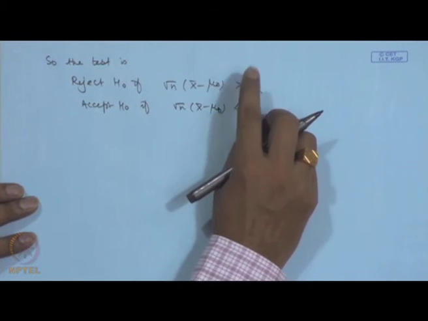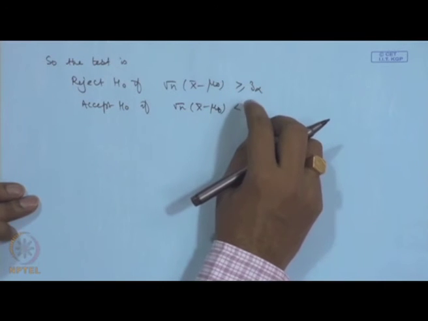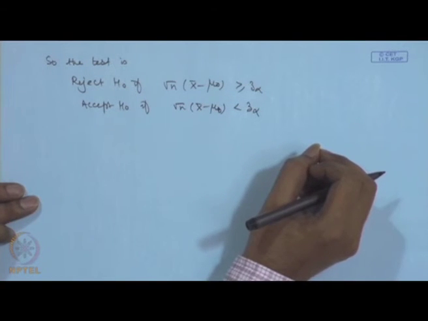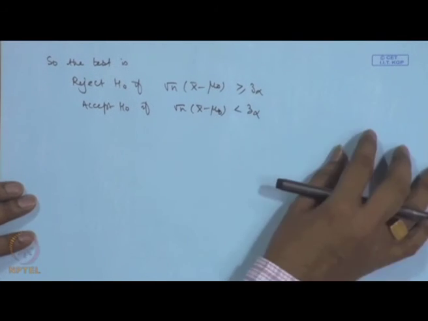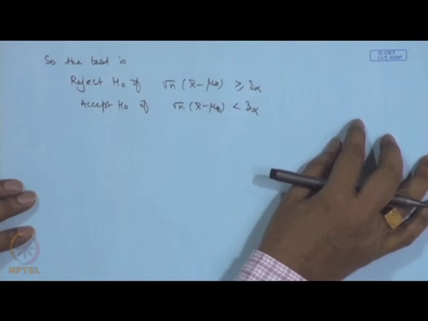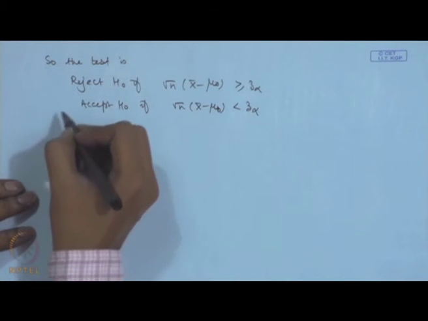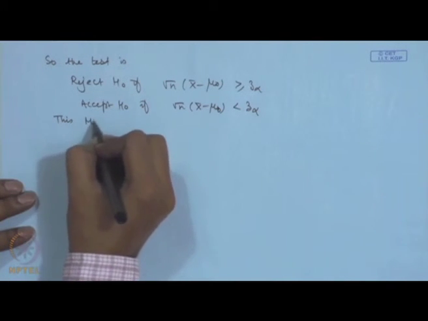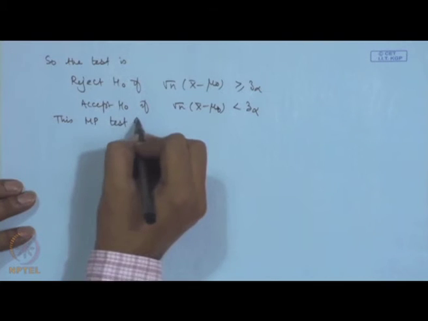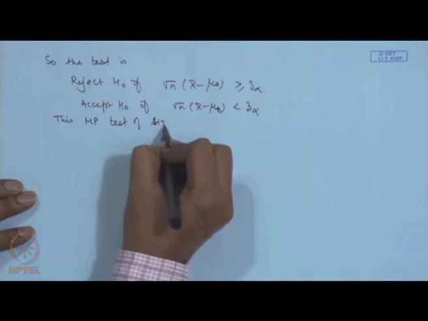Inclusion of equality in this case or this case does not make any difference, because of the continuity, the probability of the equality will be actually 0. So, this is the most powerful test of size alpha.